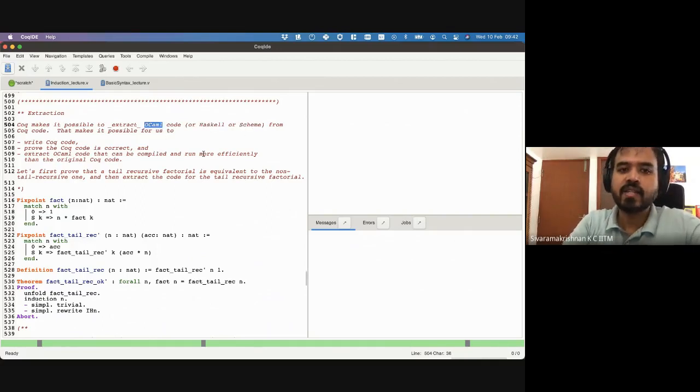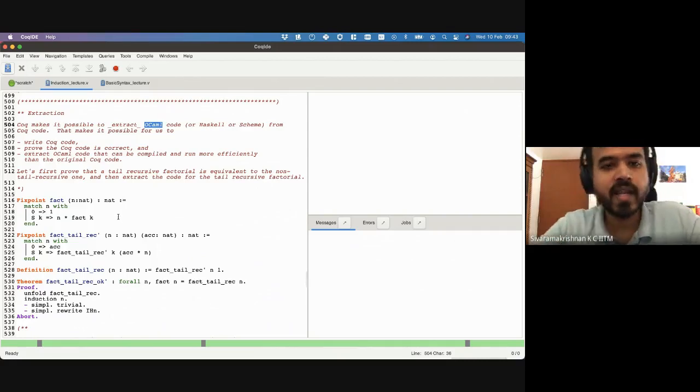So this extraction is very useful. This is how very large software pieces have been built. So there is lots and lots of software which is formally proved and extracted to OCaml. And then when you have OCaml, it's as good as any programming language out there, right? So you just run it wherever you want, and the guarantee that you get is that the extracted code satisfies the same property as the original code, right? Because you proved properties on it.